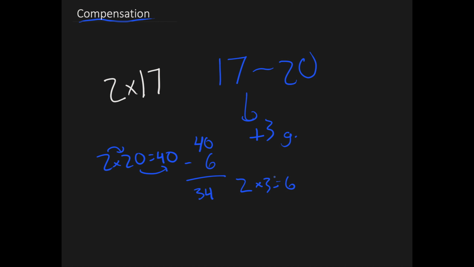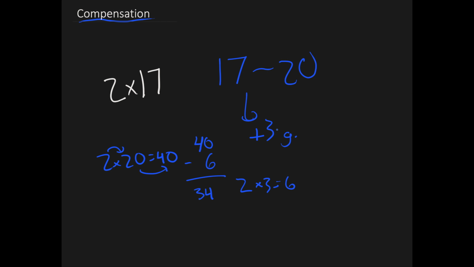Now you see that's how you do compensation. Let's figure this out. Just to make sure you remember, what were the steps we did? Step 1, round. Step 2, make note of how much you added or subtracted. Step 3, make your estimate. Step 4, do the opposite operation for the amount of groups you added or subtracted.